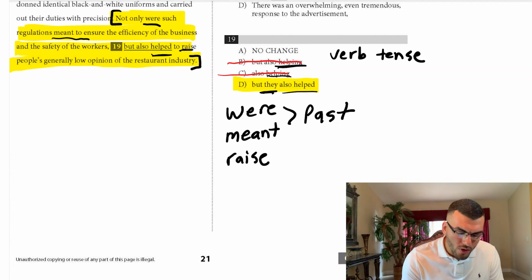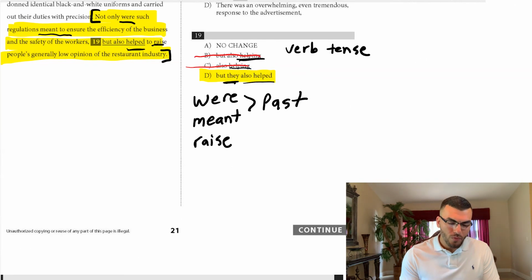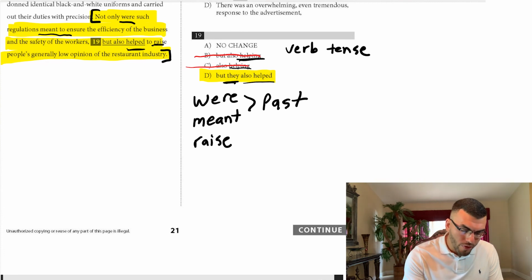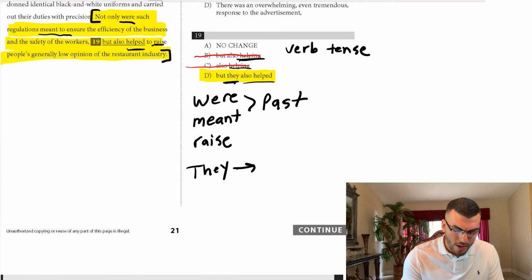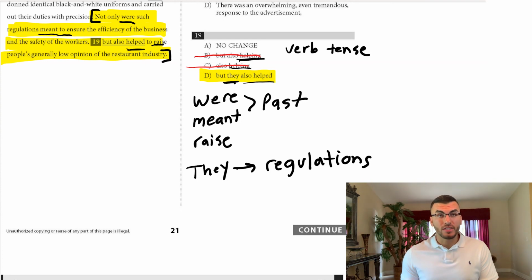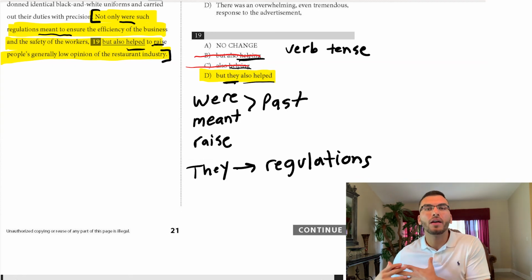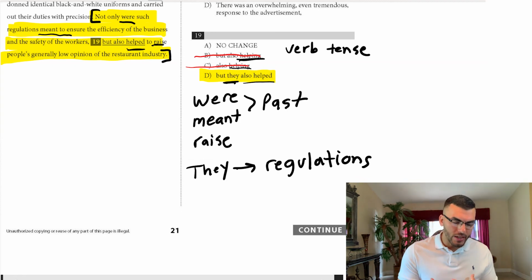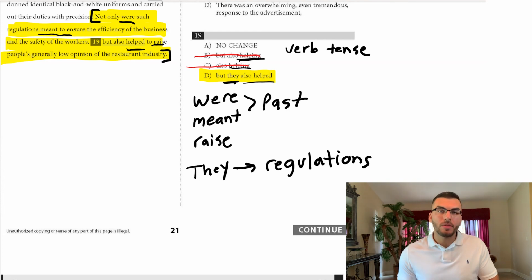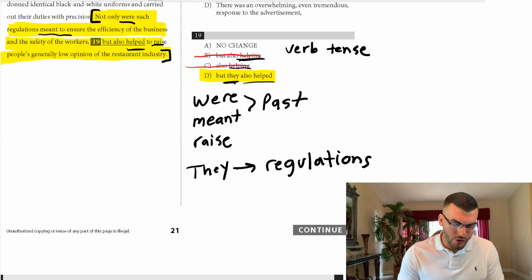By inserting the word they in choice D, we know that they is referring to the regulations. The pronoun they is replacing the word regulations, right? A pronoun replaces a noun. So by inserting they, it makes it more clear that we're referring to regulations that helped raise people's low opinion of the restaurant industry.